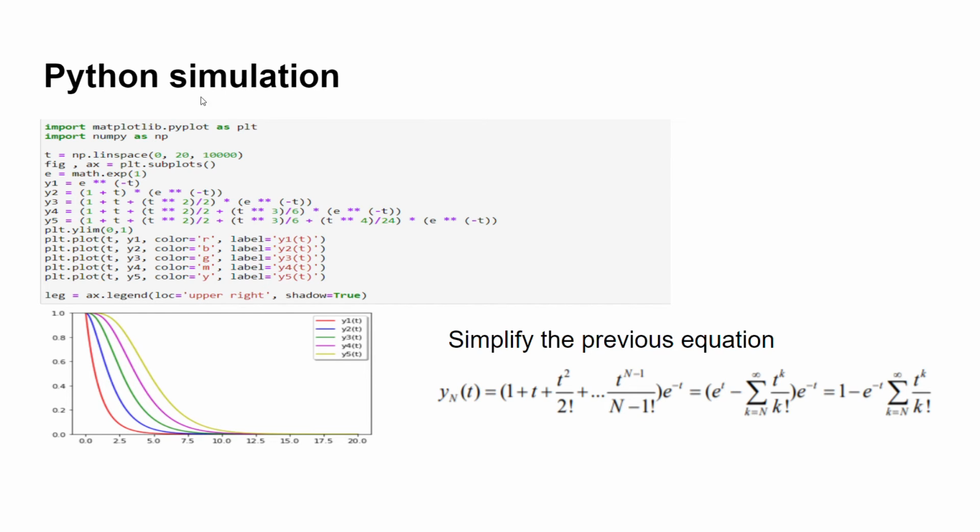We import pyplot and numpy to use their functions. Next, we set the range of t from 0 to 20 by linspace. Next, we simply type in the functions of y₁ to y₅ from the previous equation, which represent the first to the fifth vessel.